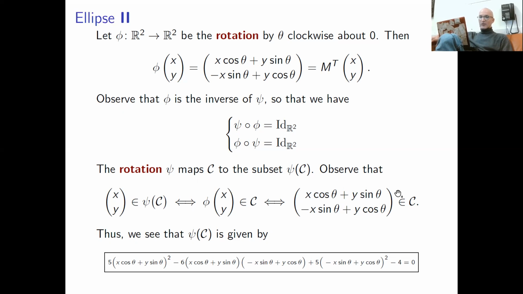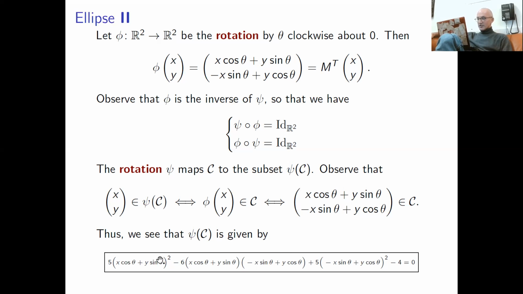Okay, but how to check this condition? Straightforward. We know the equation of curve C, so this point is contained in the curve C if and only if you substitute this point in the defining equation of the curve C, and you get a new polynomial equation. This is what I did in the last line of the slide.